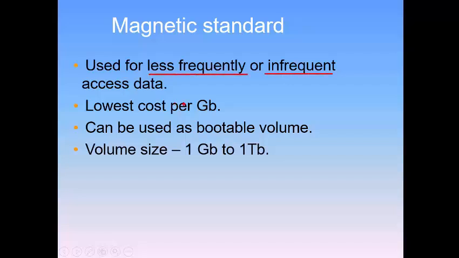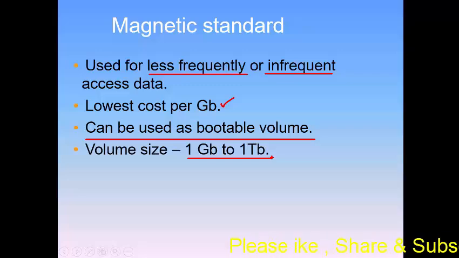Lowest cost, even less than cold HDD. But the one positive is that magnetic can be used as a boot volume. Size is 1 GB to 1 TB only. All others have a maximum size limit of 16 TB, but magnetic is limited to 1 TB.